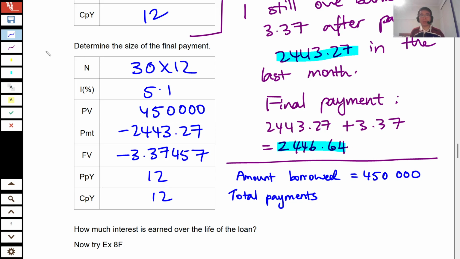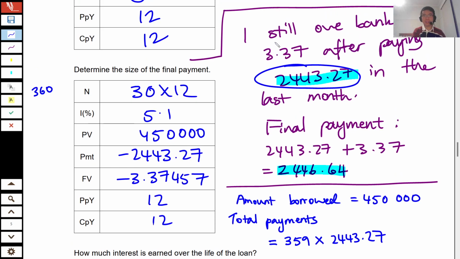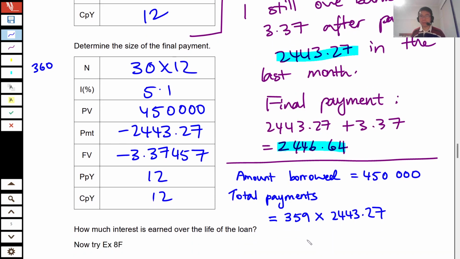That means we make 360 payments, and all of them are the same except the last one. So we will have 359 payments of 2443.27, because that's what we found previously, the regular payments, plus the final payment, which was 2446.64.